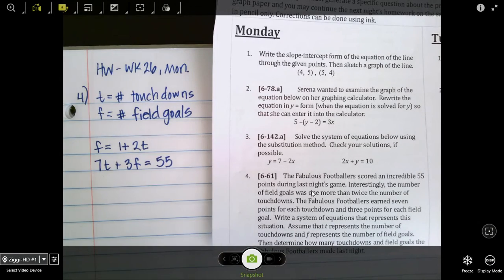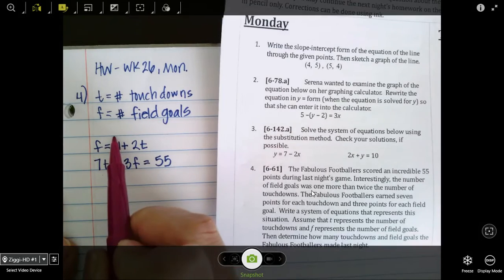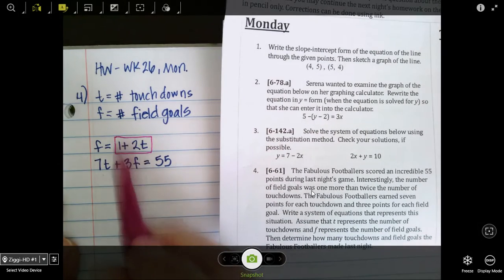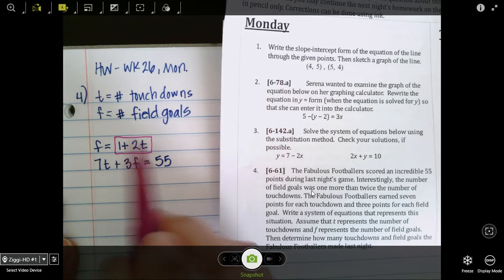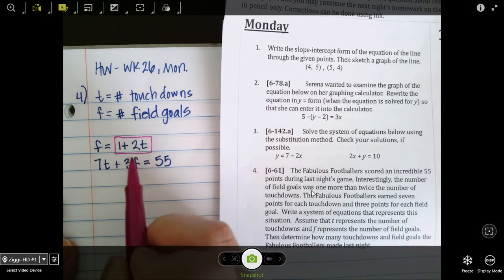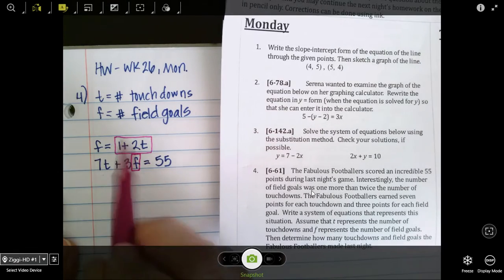This is a good example to use substitution because one of the variables is already by itself. The F is isolated. So you can take everything on the other side of the equation, and since you know F is equal to all this stuff, you can plug all that stuff into the F in the other equation. So that's how you use substitution.